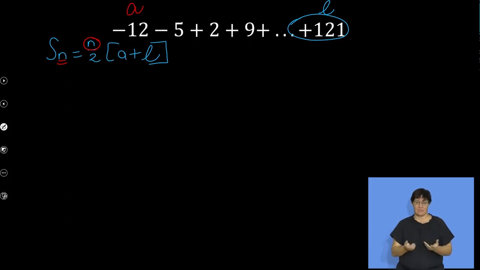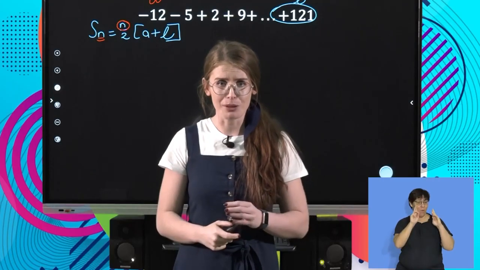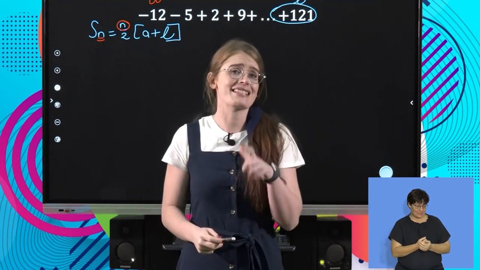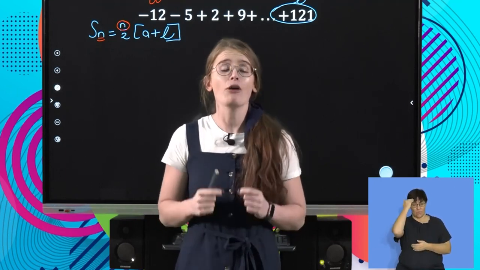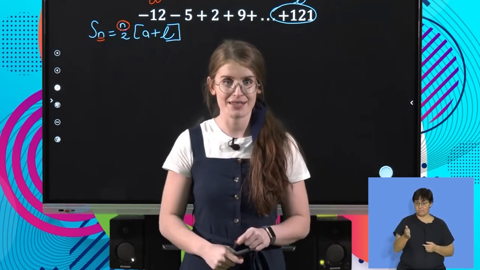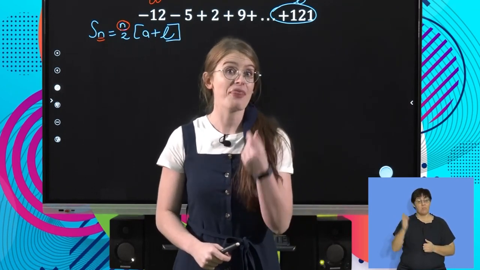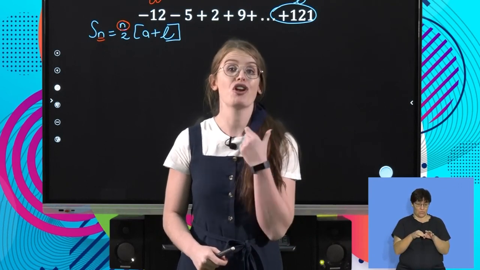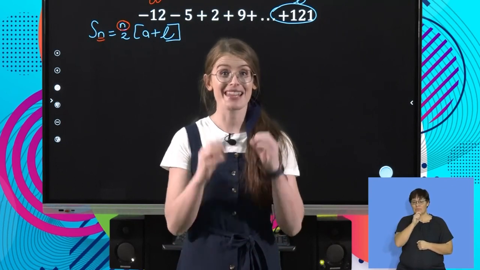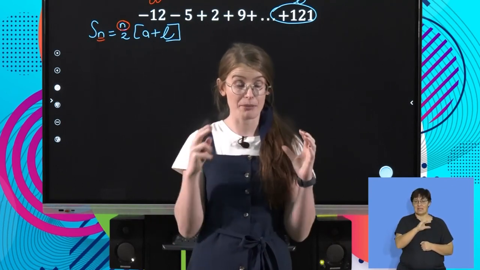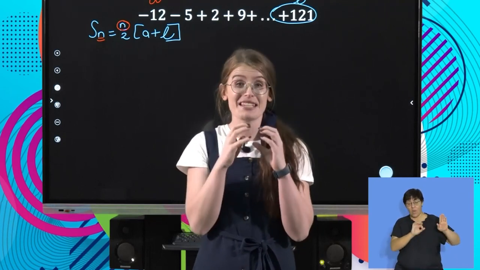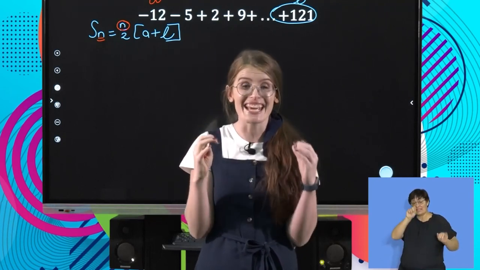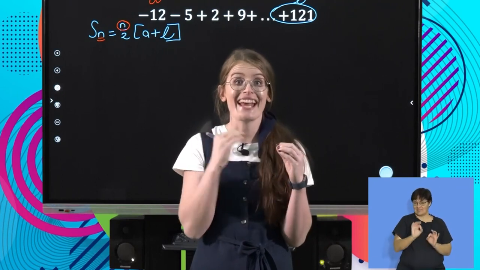Great, guys. So I've said a lot of different things, but I hope that everyone's still with me. In order for me to substitute into Sn, I need to know how many terms are in this sequence. If I actually know what the value of the last term in this sequence is, I can use the arithmetic sequence form. So I'm going to leave the series formula for a few seconds. I'm going to use the arithmetic sequence form of Tn in order to determine n.